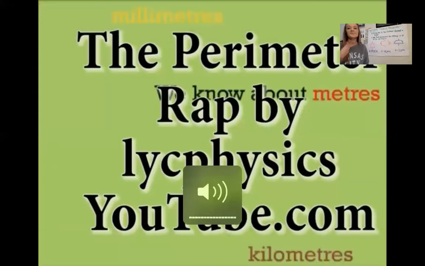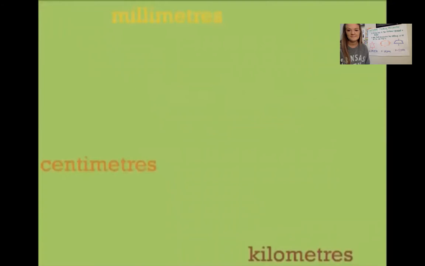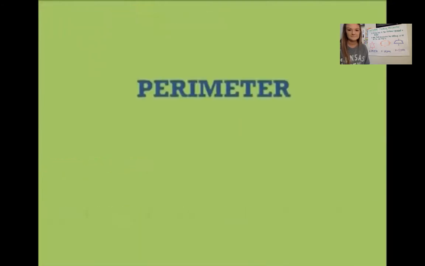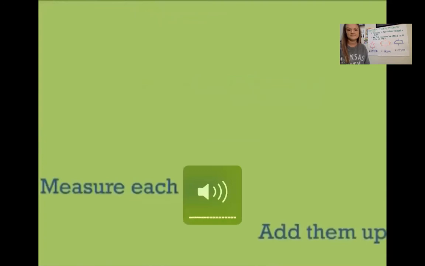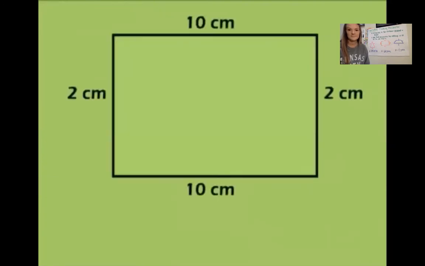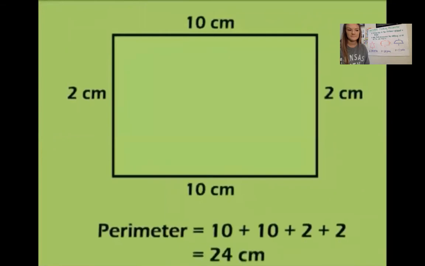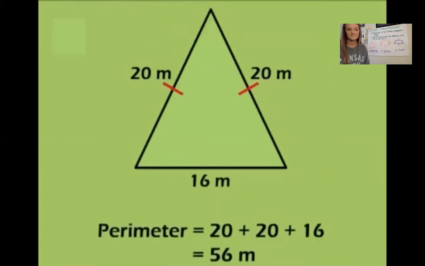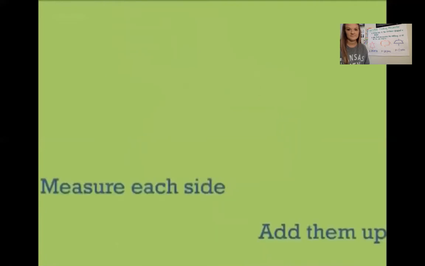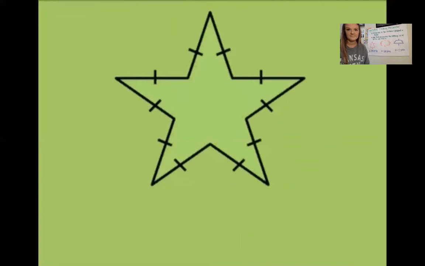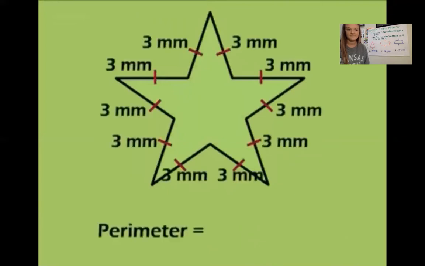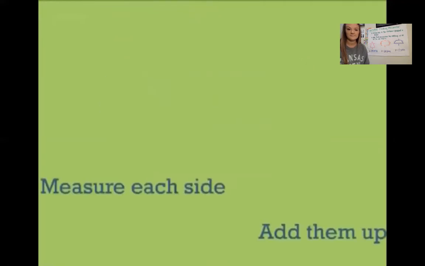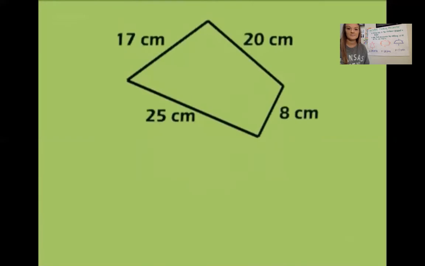We learned how to measure in centimeters and meters, and we talked about inches and feet. That's right. Now we're gonna talk about perimeter. You have to measure each side, add them up, and we find perimeter. That's perimeter, perimeter, perimeter. You have to measure each side, one at a time.